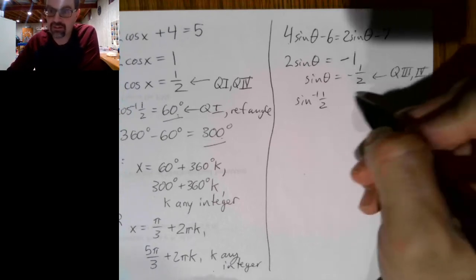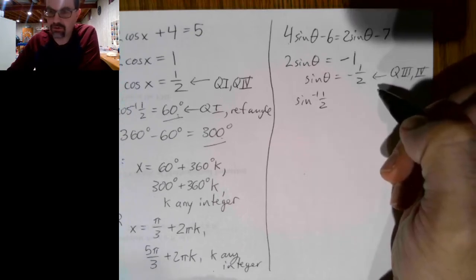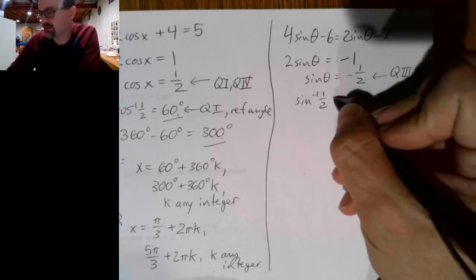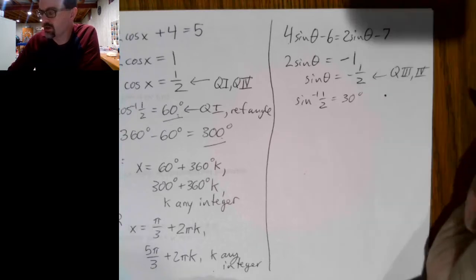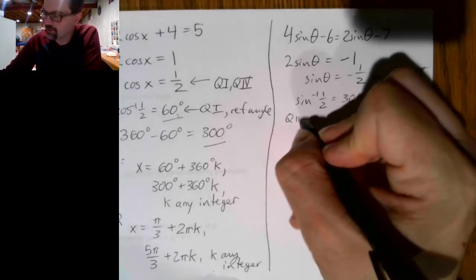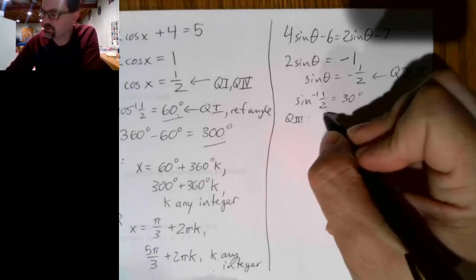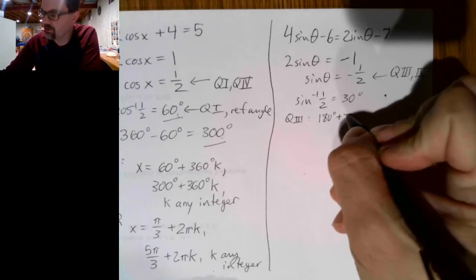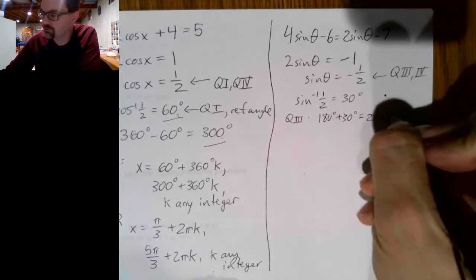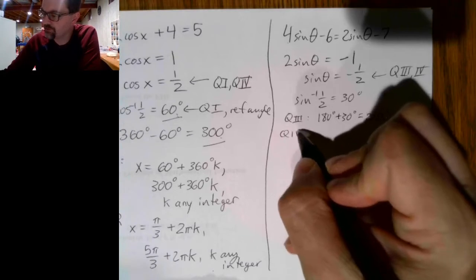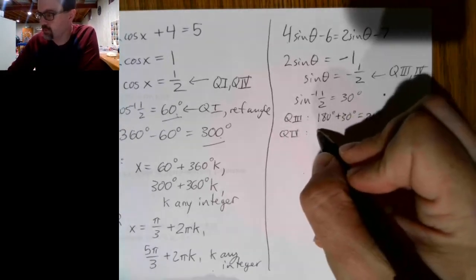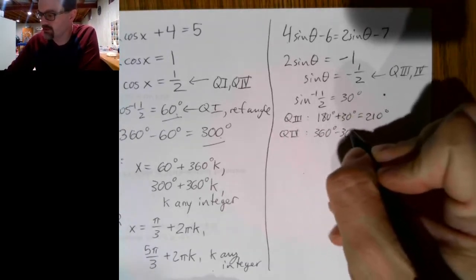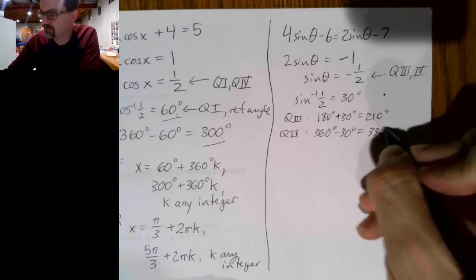Or if you put the minus sign in, you wouldn't necessarily get an answer between 0 and 360. Inverse sine of 1/2 is 30 degrees. So quadrant 3, we would take 180 and add 30, so 210. Quadrant 4, we do 360 minus the reference angle, so 330.